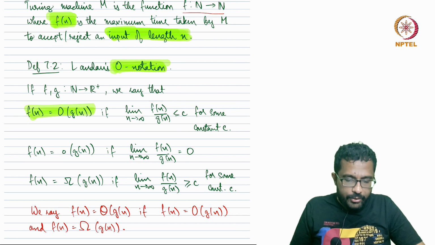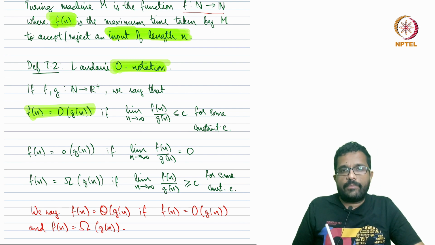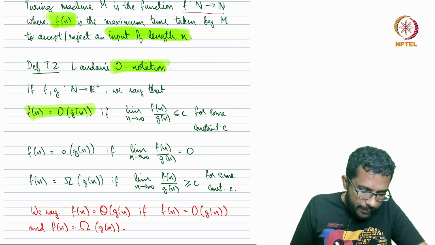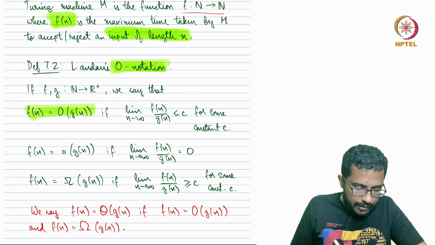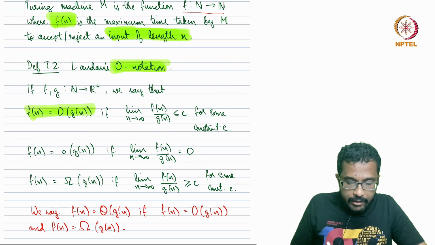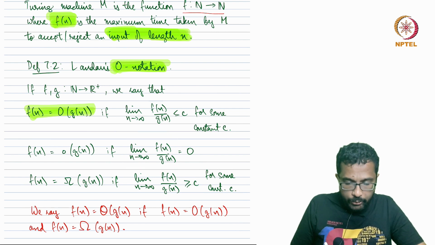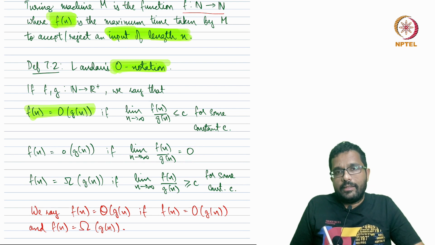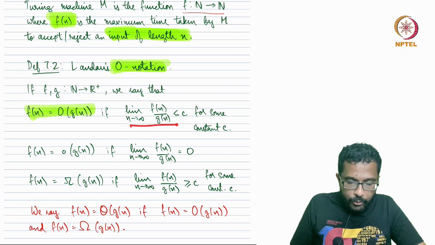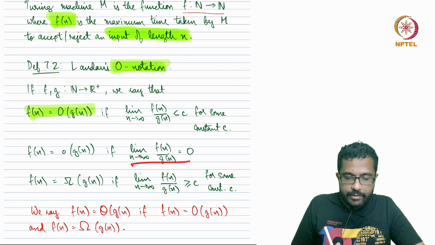We say f is little o of g, with a smaller o, if the limit as n tends to infinity of f by g is 0.